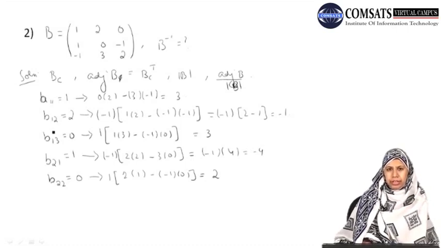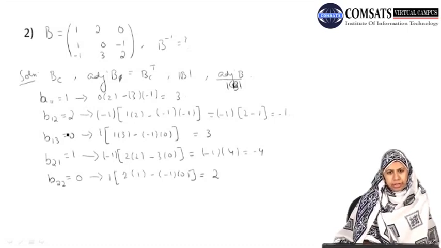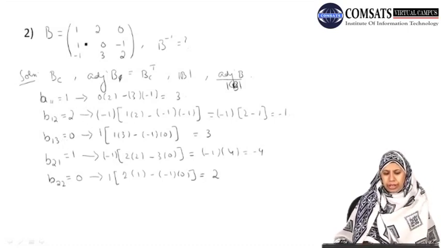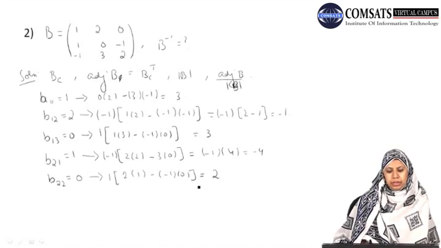If we recall the method of finding the determinant by using the cofactors, there we had to multiply the entry with the cofactor. So if the entry is 0, we have never calculated the cofactor for that particular entry. But here, if the entry is 0, even then we have to calculate the cofactor for that entry. Why? Because here we are not multiplying that particular entry, for example entry B13 or entry B22, with its cofactor.